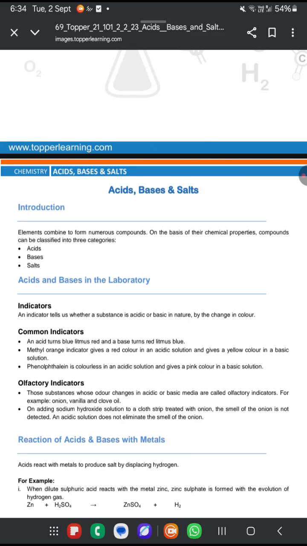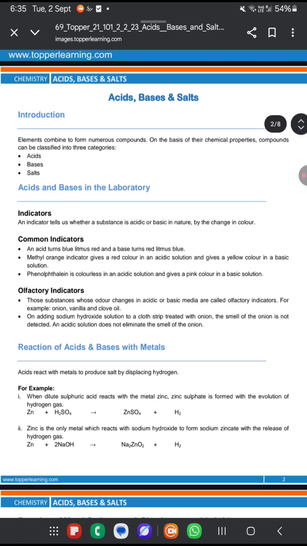Methyl orange gives a red color in acidic solution and yellow color in basic solution. Phenolphthalein is colorless in acidic solution and gives a pink color in basic solution.